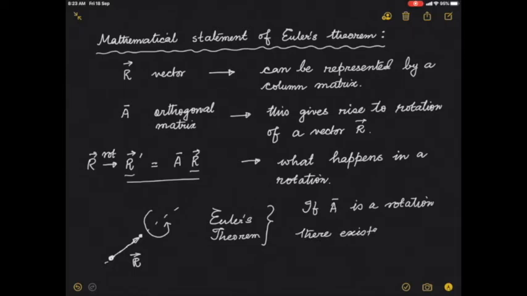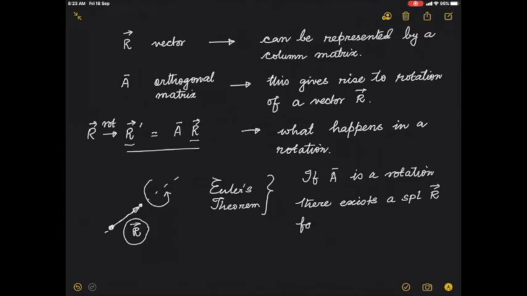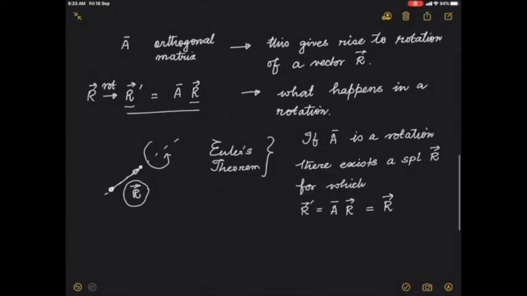But if A is a rotation, there exists a special r, just like what I have shown here, which is an r along the axis, for which r prime, which is nothing but A times r, will not change, so this will remain as r. I will write the matrices with a bar on top and the vectors with the usual vector sign.